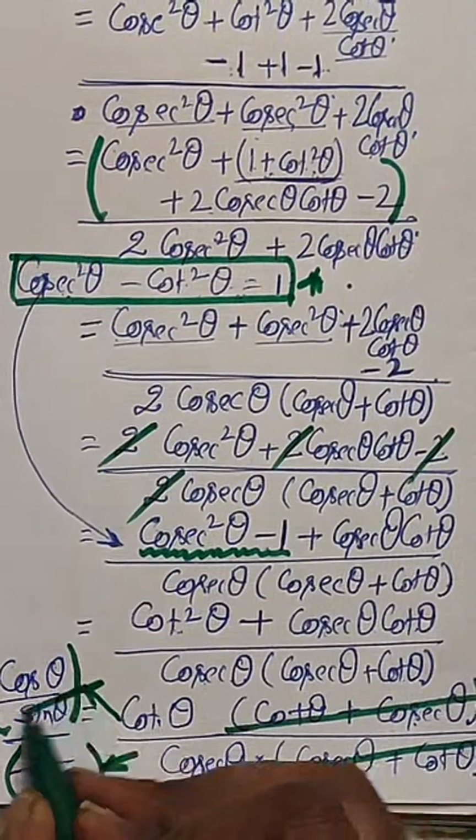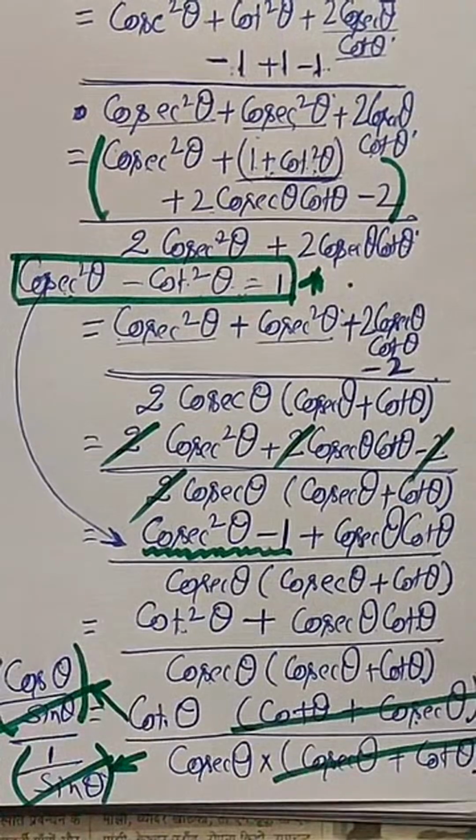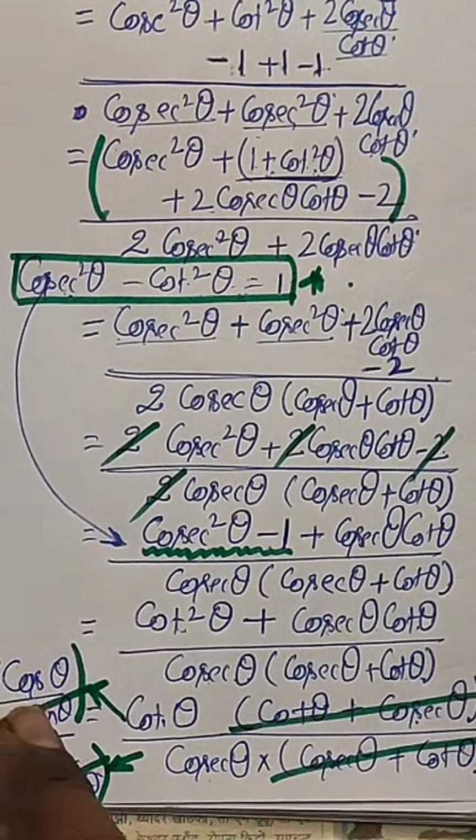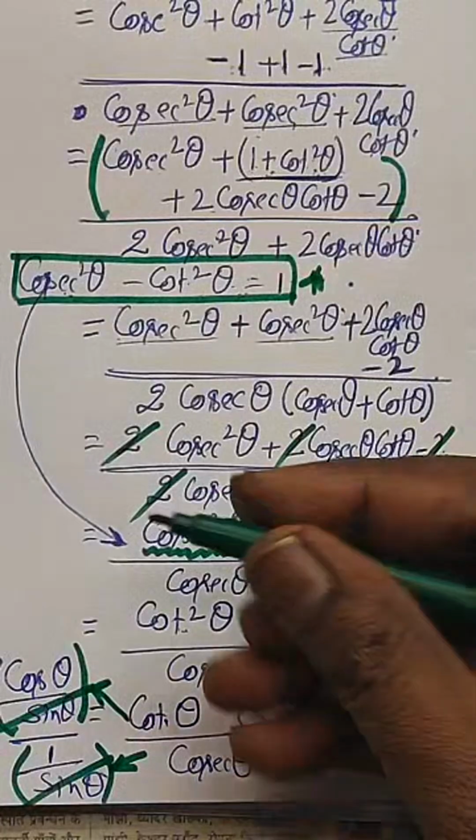So here you can see sine and sine will be cancelled, and we have cos theta, which is our answer.